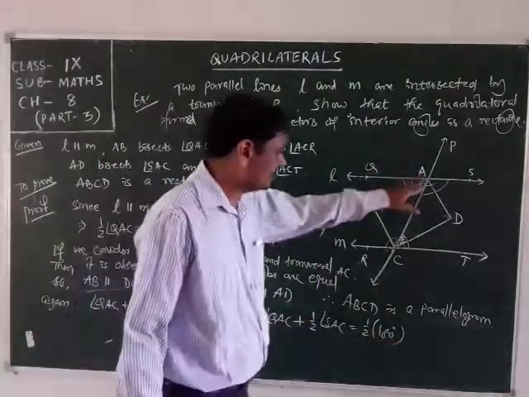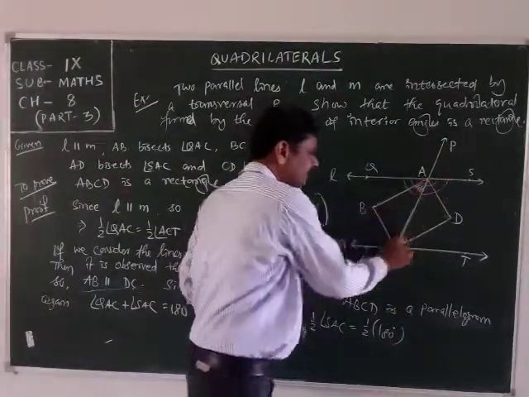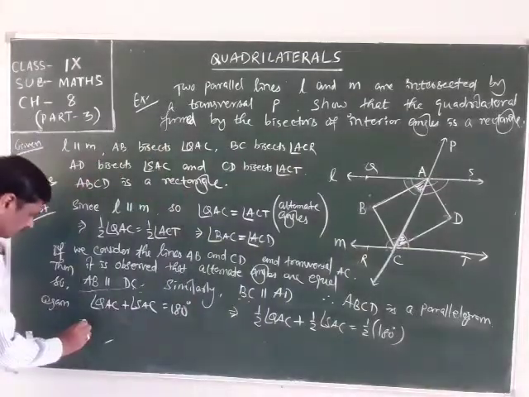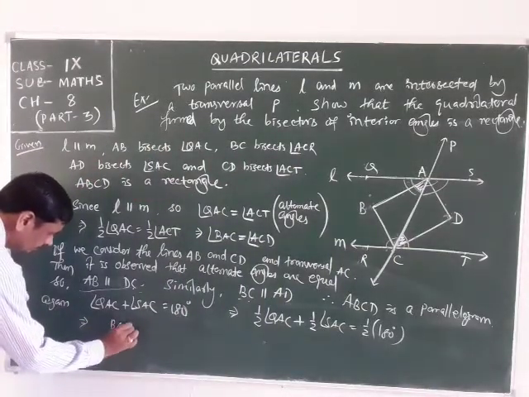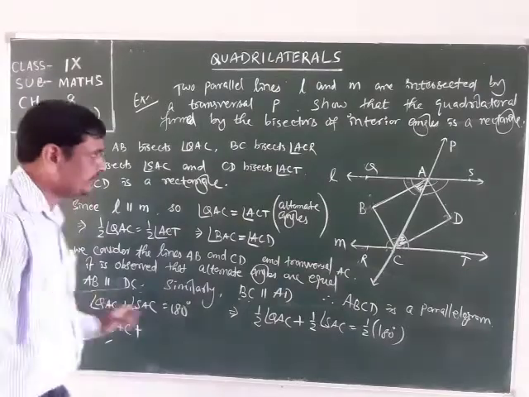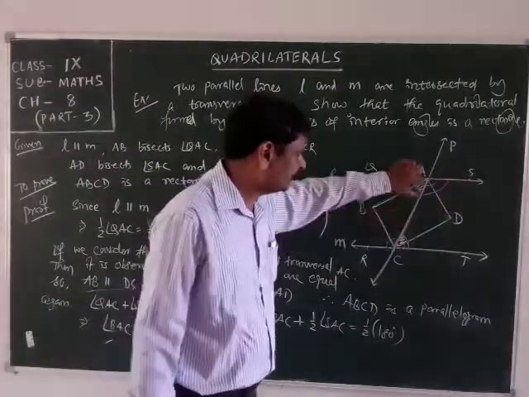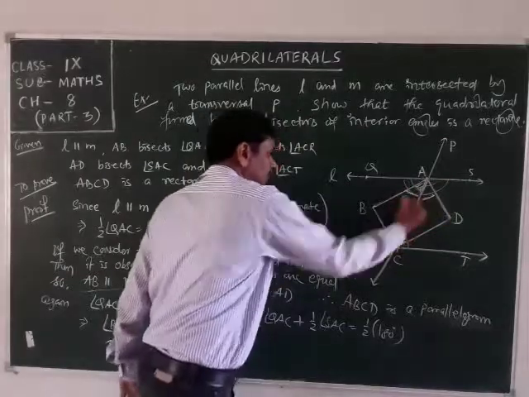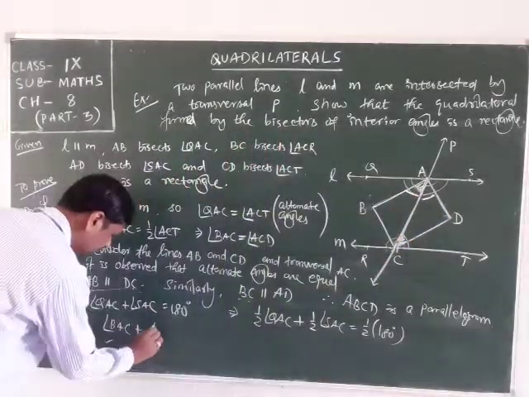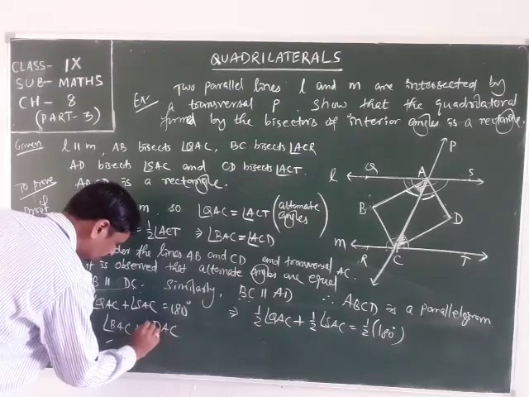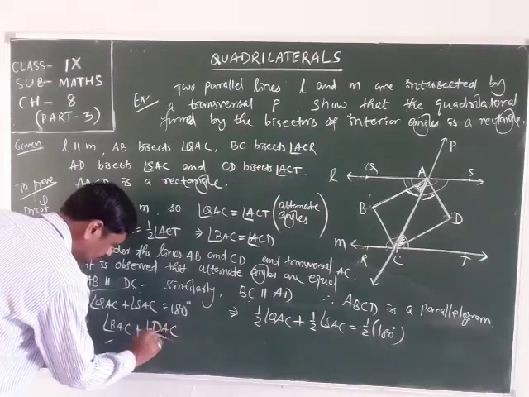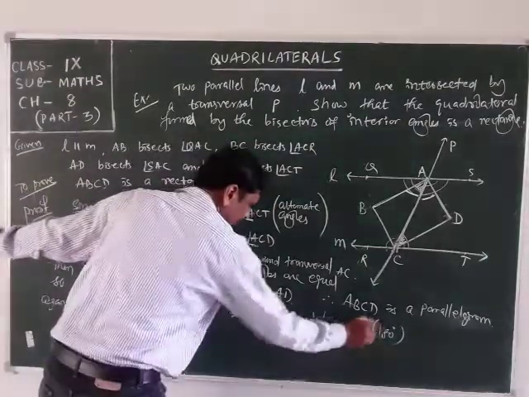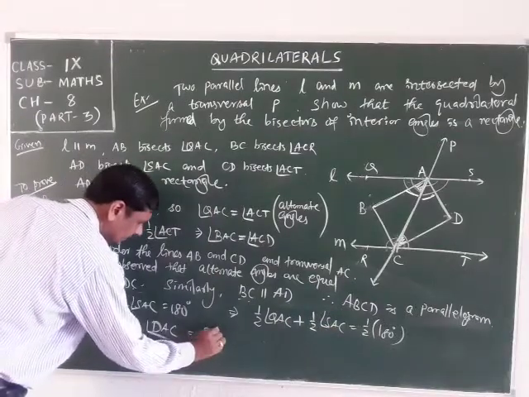Half of QAC is BAC, and half of SAC is DAC. This equals half of 180, which is 90.